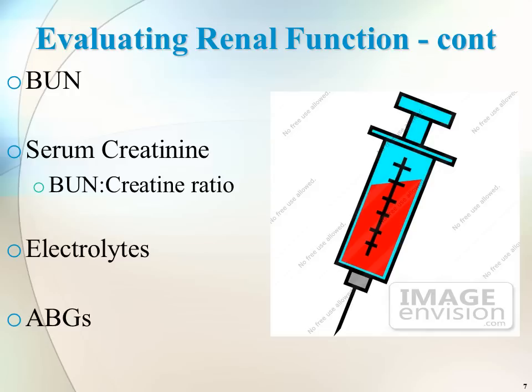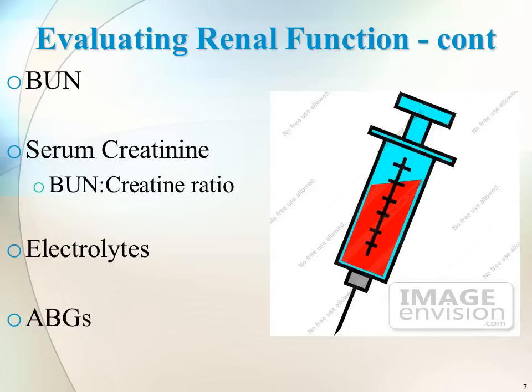So as we increase serum creatinine, we know that there is a decrease in the glomerular filtration rate, and that is the hallmark of kidney injury, kidney disease. So increased creatinine indicates a decrease in GFR. Increased BUN is an indication of decreased GFR, which are the hallmark signs of kidney injury or kidney disease.